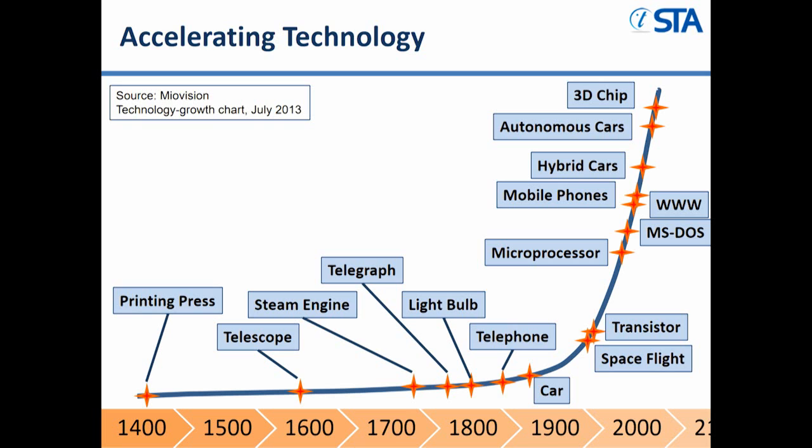So Professor Schwab, when he introduced the idea of the fourth industrial revolution, basically said it's not just new technology coming along, it's not just robots coming along, it's the speed with which the technology is coming along. And if you look at the graph here, you can see that since man first went into space, the rate of acceleration of new technology is amazingly fast.